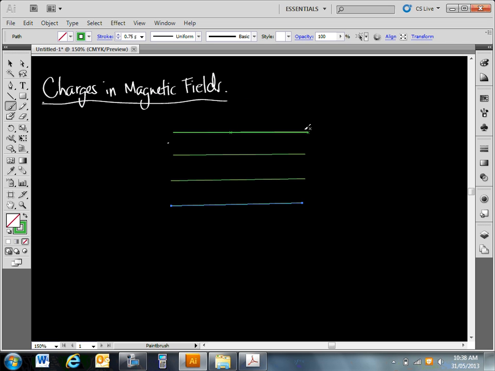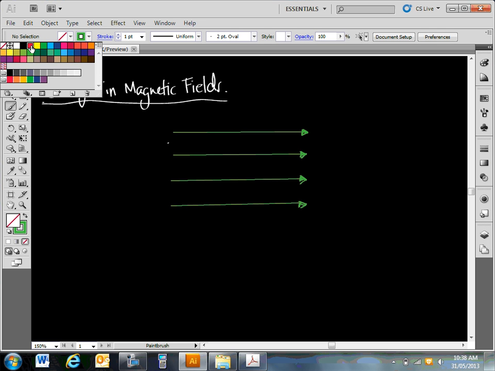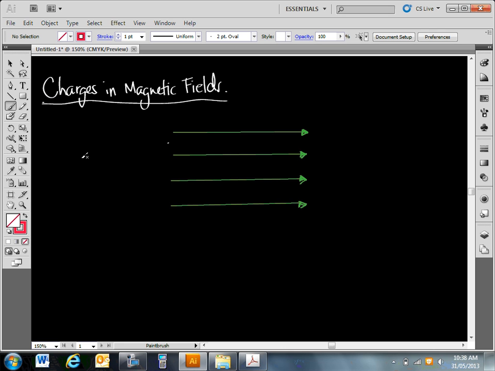Here we have a uniform magnetic field. We only look at uniform magnetic fields. They're much easier to draw and also to understand. It's a simplified version. Charges in magnetic fields.